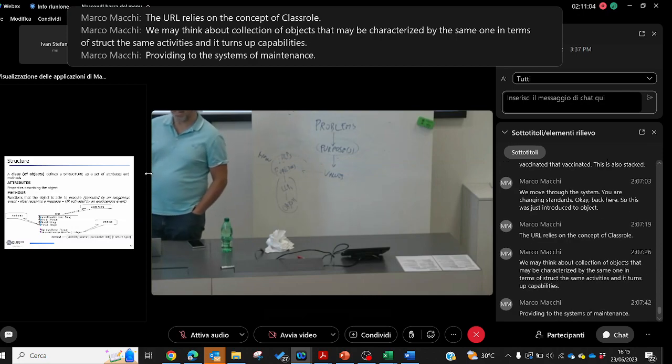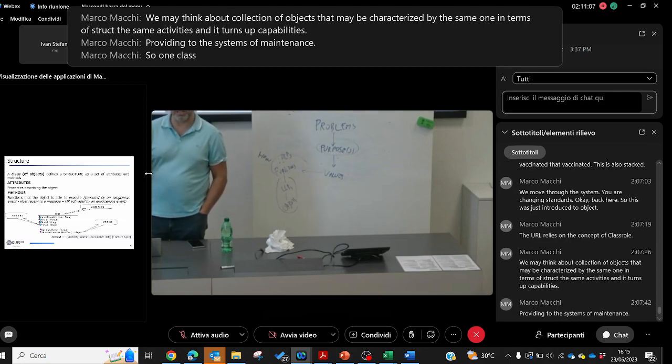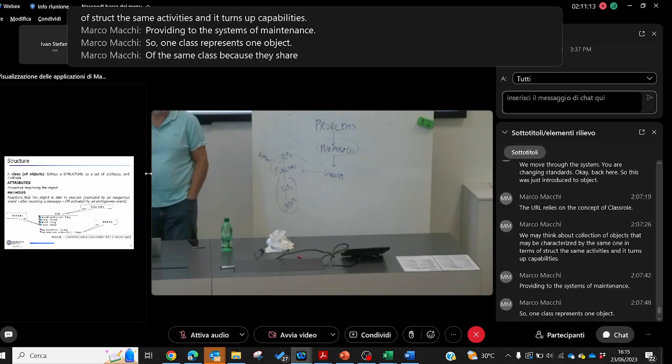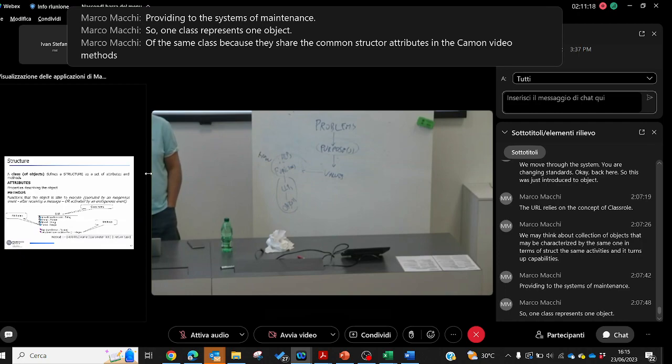So one class represents objects that are members of the same class because they share the common structure, attributes, and the common behavior, methods. Methods are like capabilities to answer with some procedure, with some routine.